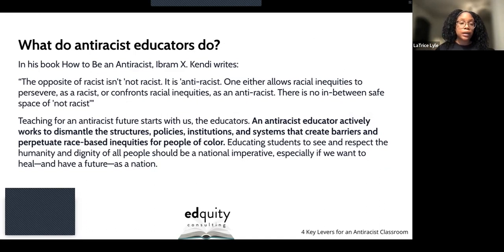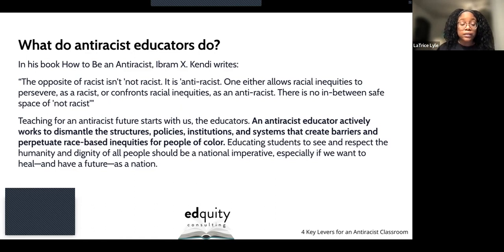And in his book, How to Be an Anti-Racist, he specifically calls educators and anti-racist educators to actively work to dismantle the structures, policies, institutions, and systems that create barriers and perpetuate race-based inequities for people of color. So that call to action is directly aligned to the definition that we saw on the previous slide.